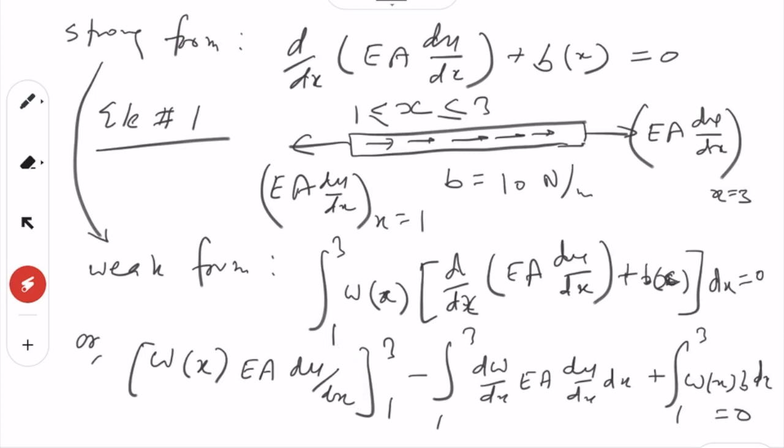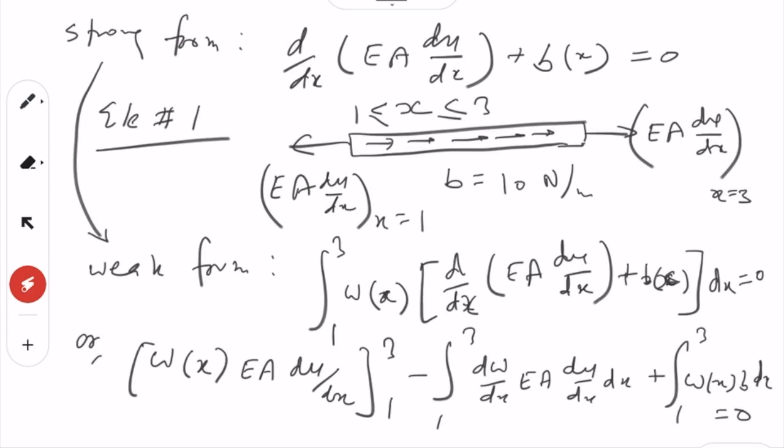So what we get here is basically, we can write it here, some equation. So this is nothing but f3.